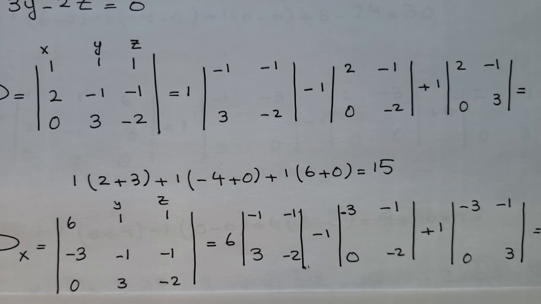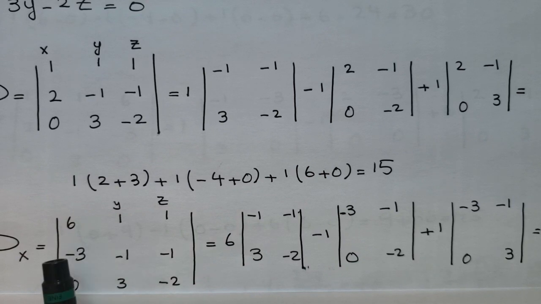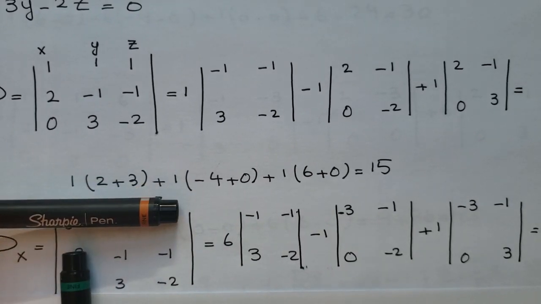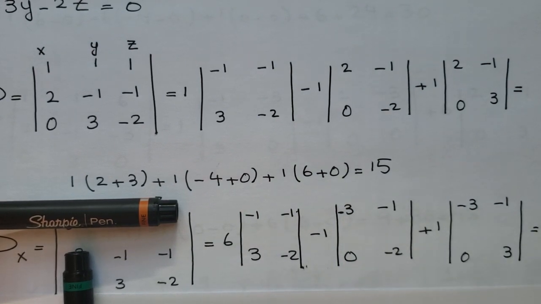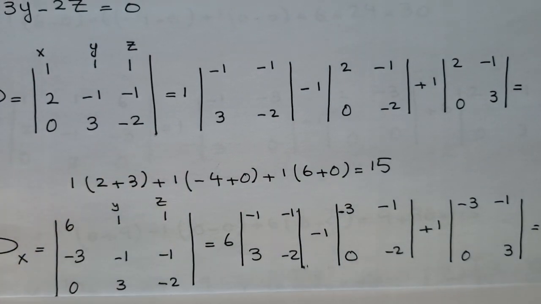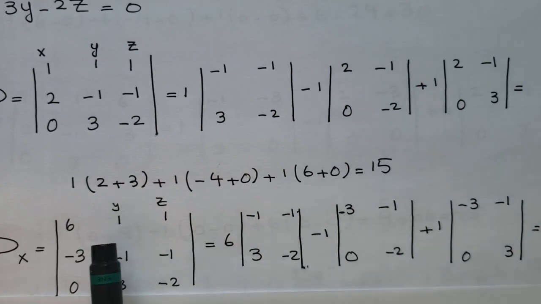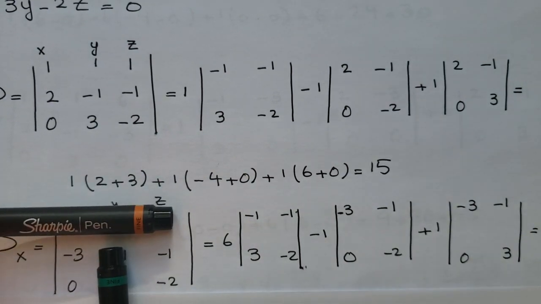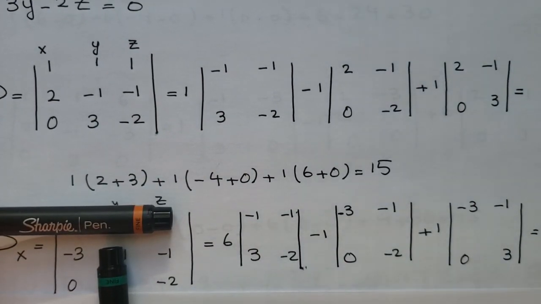So here I would have a 3 by 3 determinant. Now let's calculate. So the first main element is 6. So it would be -1, -1, 3, -2. The second one would be 1. It comes with a negative sign. So it would be -3, -1, 0, -2.